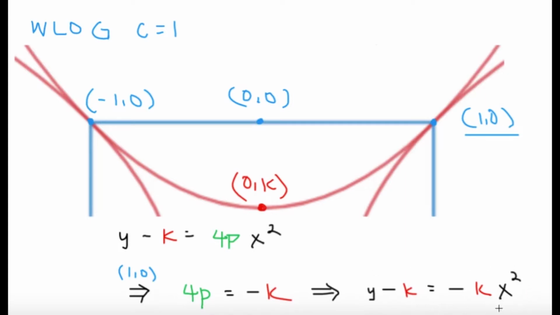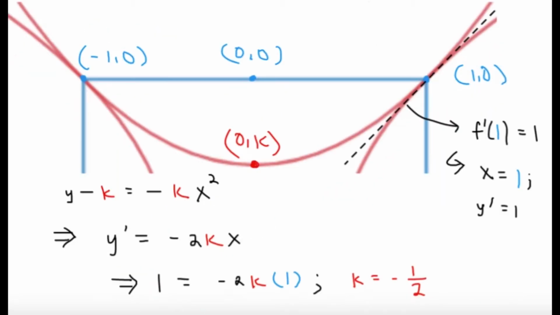So we have this format, which we can use to draw out the exact form of this parabola. We have a variable k, and we haven't used the fact that the derivative at c equals 1 yet. So the derivative at x equals 1, the f prime of x, or y prime, would be equal to 1. Let's try to do that here.